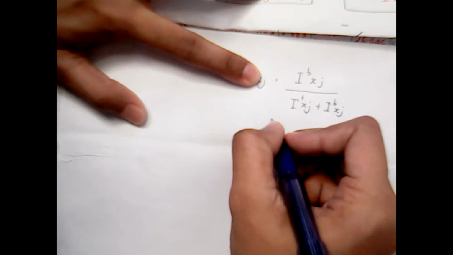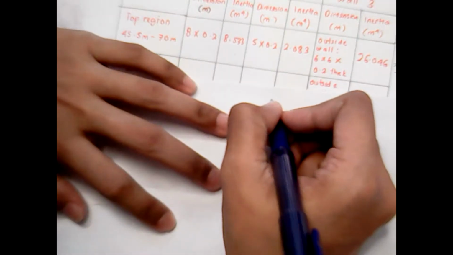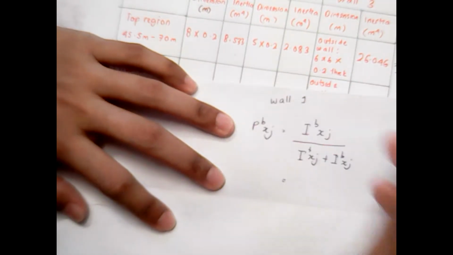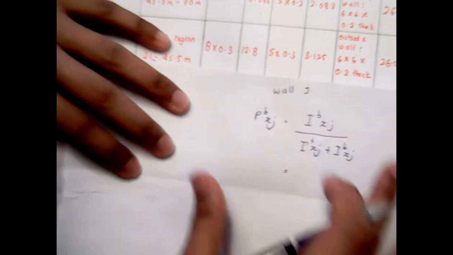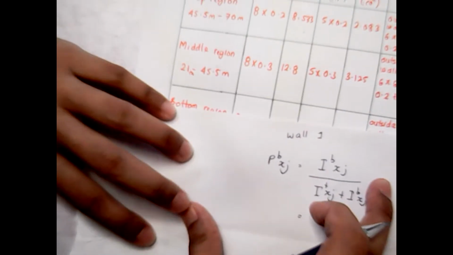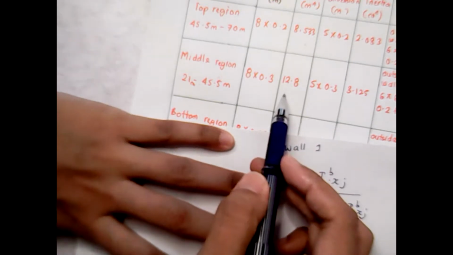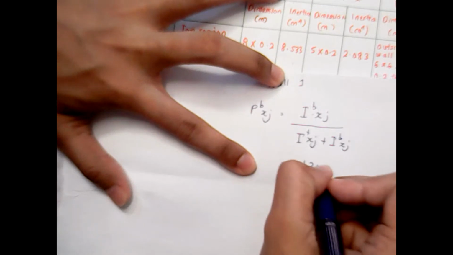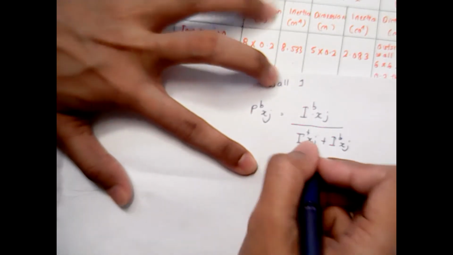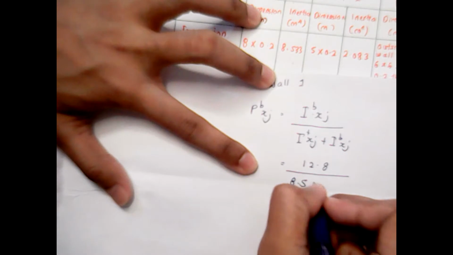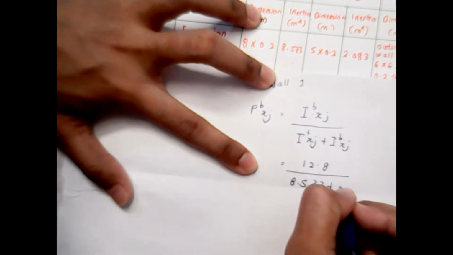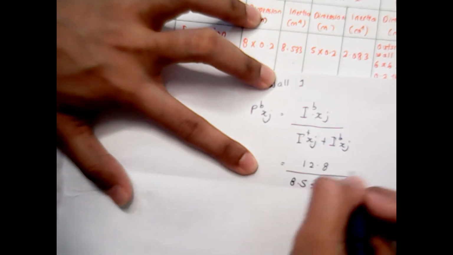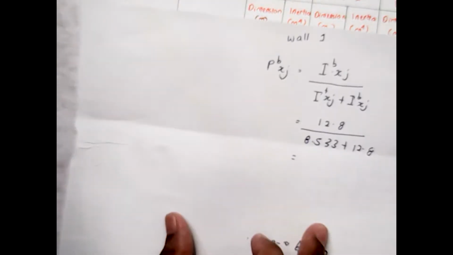So you can refer, this is still for wall 1. So for wall 1, bottom is 12.8. So here you write it down, 12.8 divided by top, which is 8.533 plus bottom 12.8.